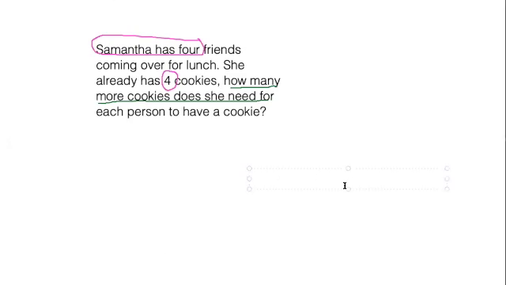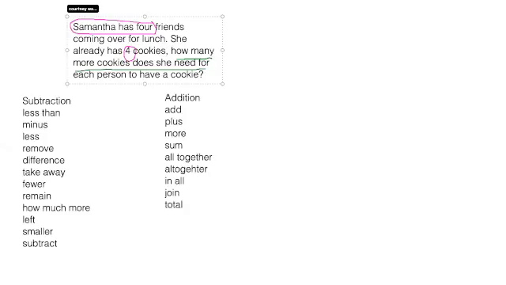Some possible math action words for addition are add, plus. Looking at our list of keywords that we created, what is the action that we need to box in this word problem?